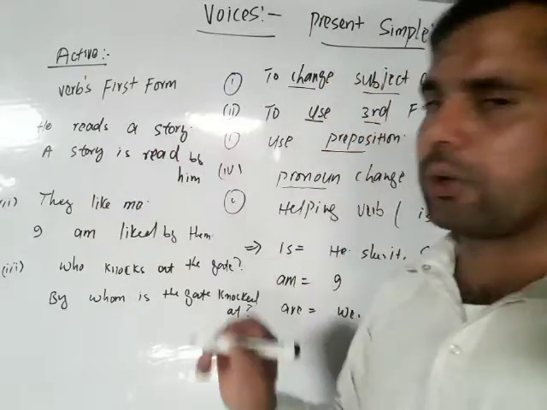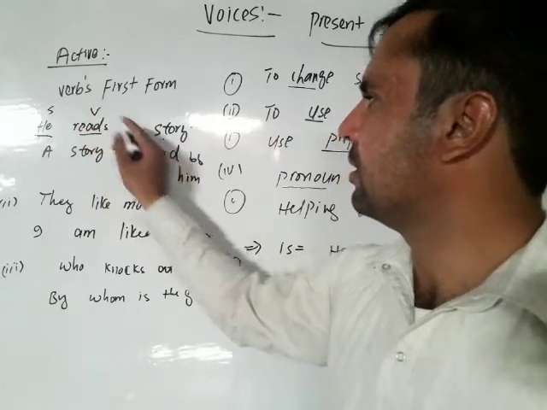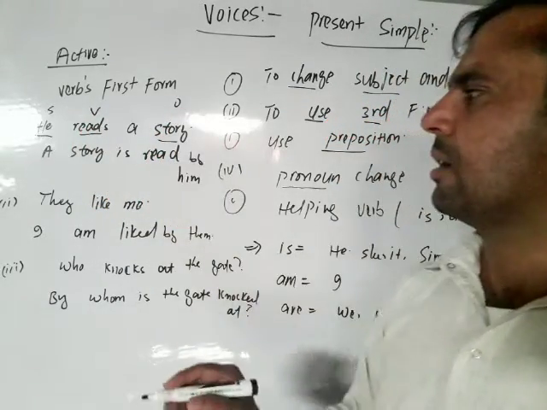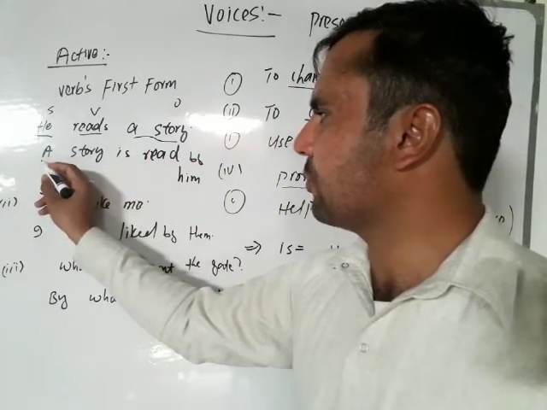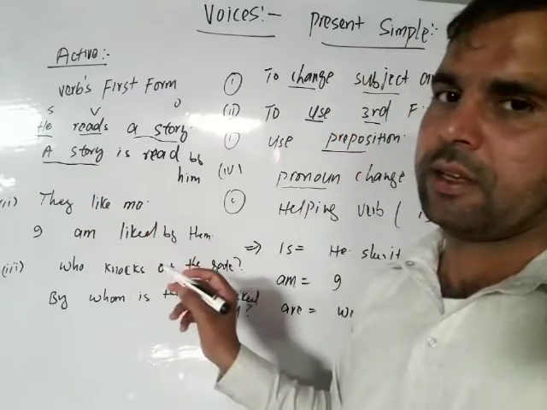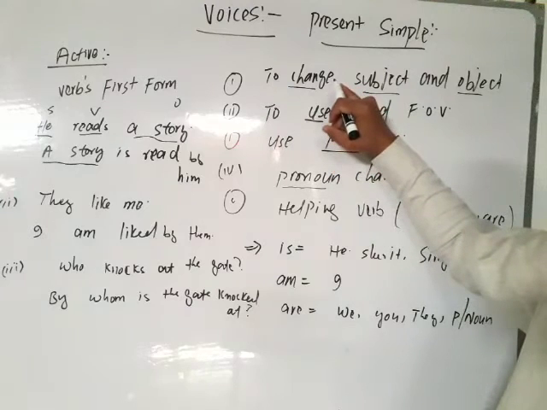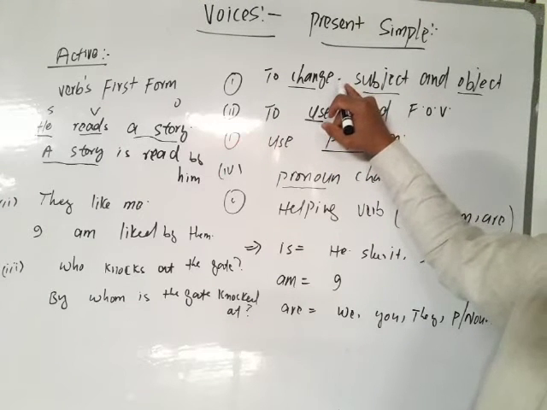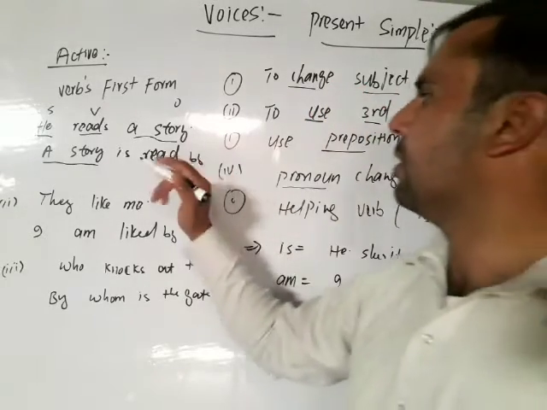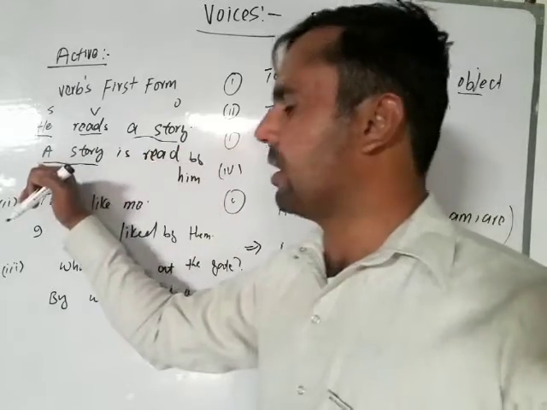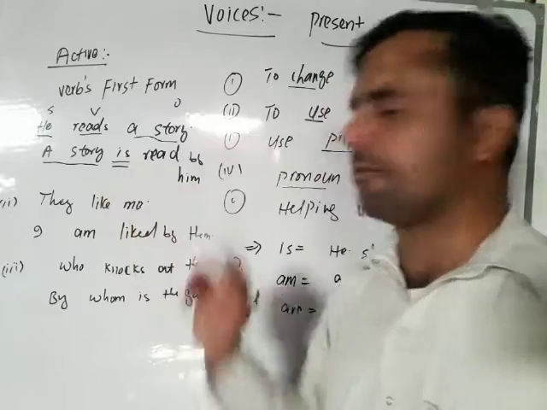He reads a story. Now we see that this is the subject, this is the verb, and this is the object. If we look at the passive voice, we see that we have written a story in the start. We have discussed in the first principle that we will have to change the position of subject and object. Now we take story to the start of the sentence, a story, and then we use is with it. Why?